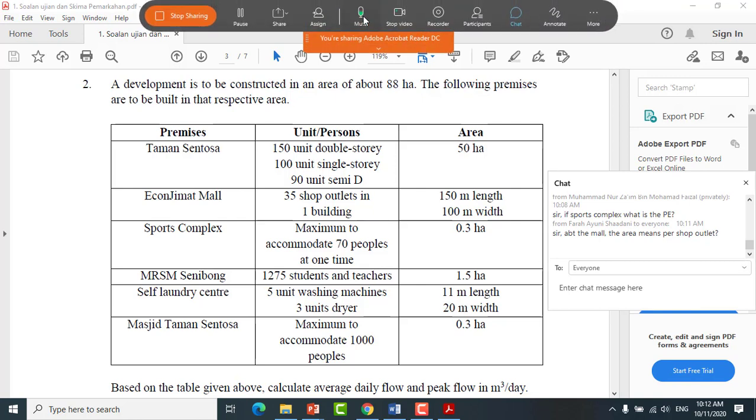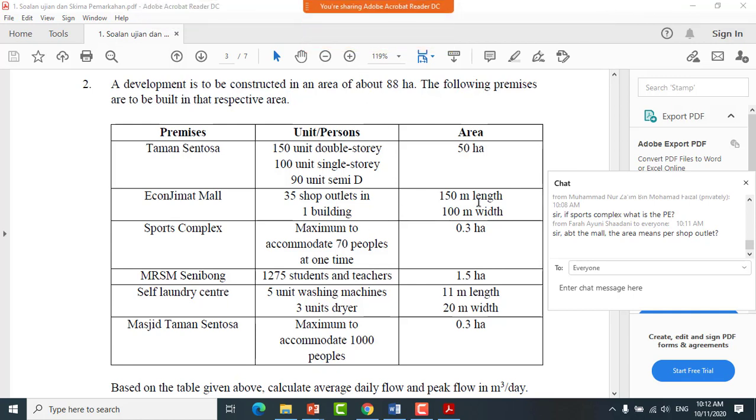About the mall, the area means the area of the whole one? For one shop outlet, 150 meter times 150 meter? No, this is not one shop outlet, this is the whole mall.